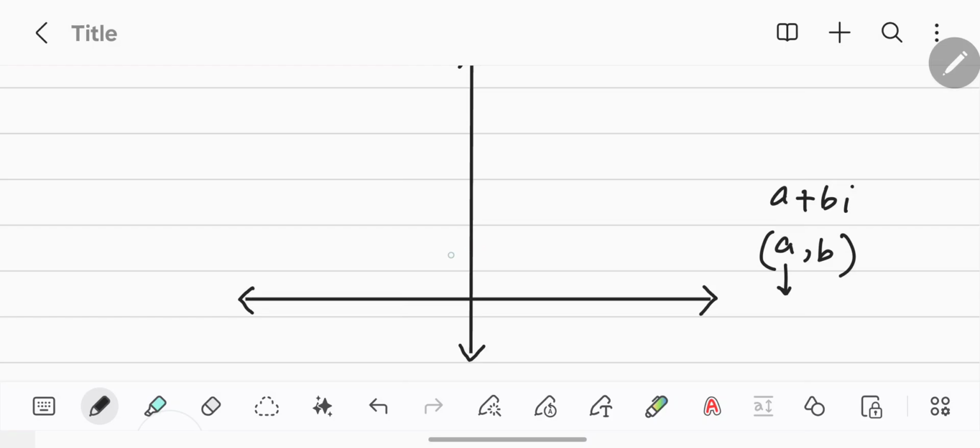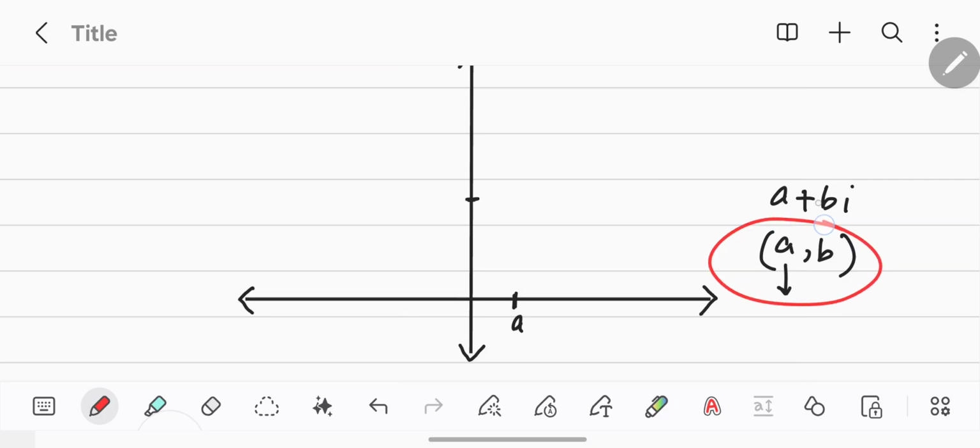So a is along the x-axis this way. Suppose this is a, and b is along the y-axis here. Suppose this is b. Then what is a comma b?